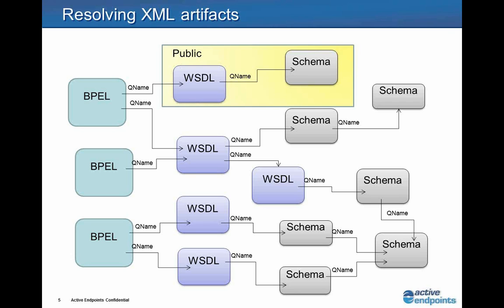It might, perhaps, be using the same namespace as your old version of the same process application, and you've made some incompatible changes to some of these internal WSDLs. It shouldn't matter.